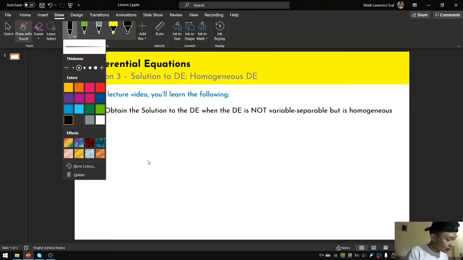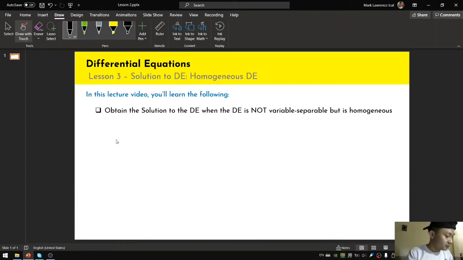Let's say, for example, this function: y to the fourth minus x y cubed equals 0. Can we tell if this is variable separable?